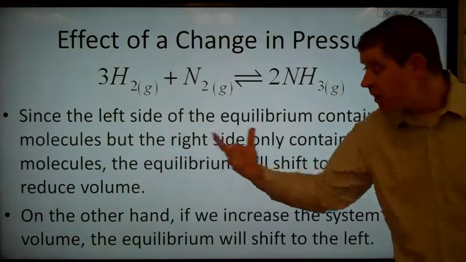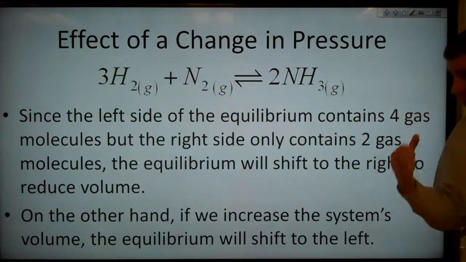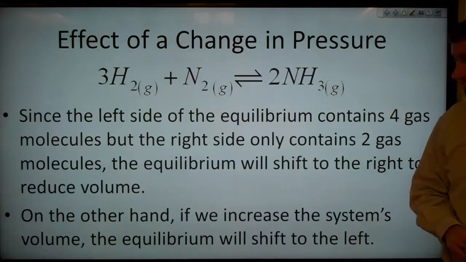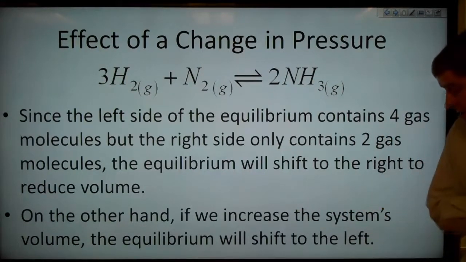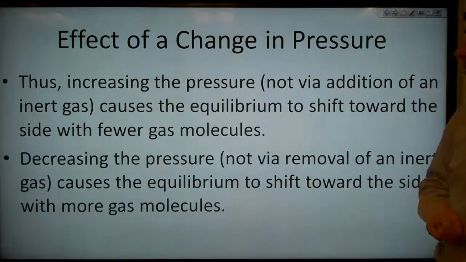So again, since the left side of the equation contains 4 gas molecules, but the right side only contains 2 gas molecules, the equilibrium will shift to the right to reduce the volume, and we'll get more of our ammonia. But on the other hand, if we increase the system's volume, then the equilibrium will shift to the left to try to produce more gas molecules to occupy that extra space.